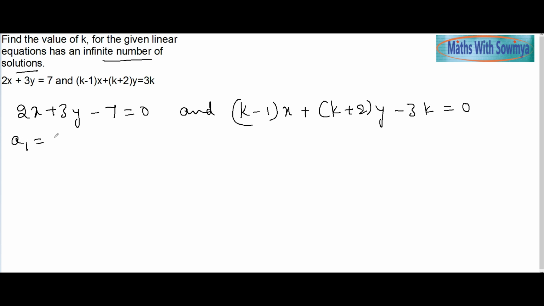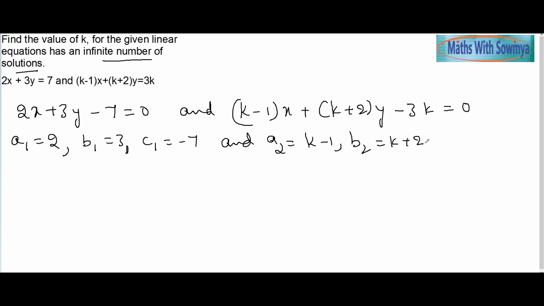Take the values a1, b1 and c1. Now a2 is nothing but k minus 1, b2 is k plus 2 and c2 is minus 3k.